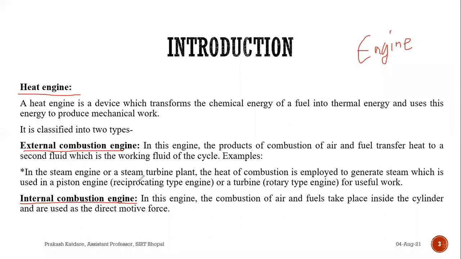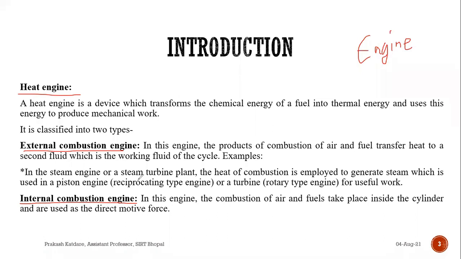For example, in a steam engine or a steam turbine, the heat is generated because of combustion of fuel, which is done outside our main setup, and this heat is utilized to generate the steam which is used in a piston engine or a turbine for producing work.